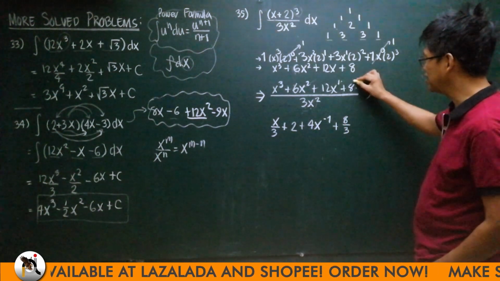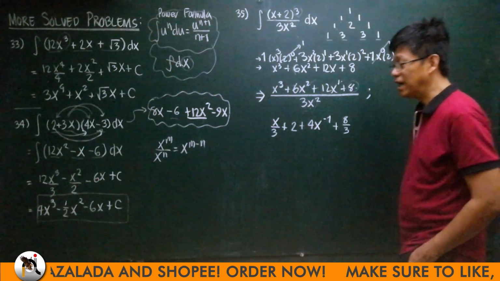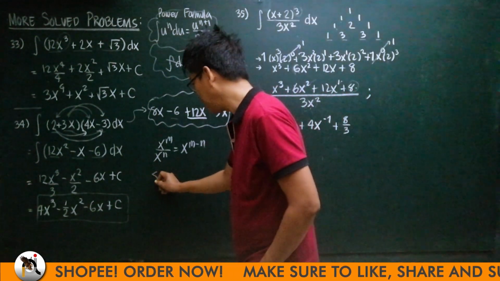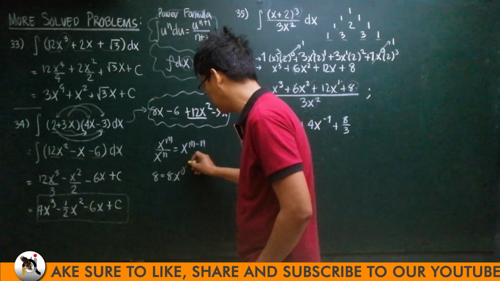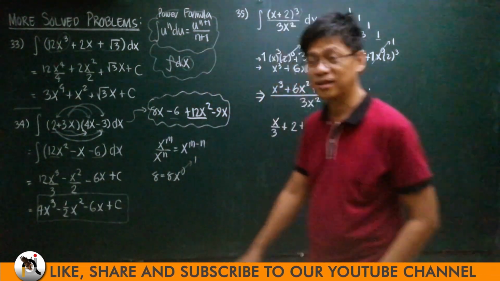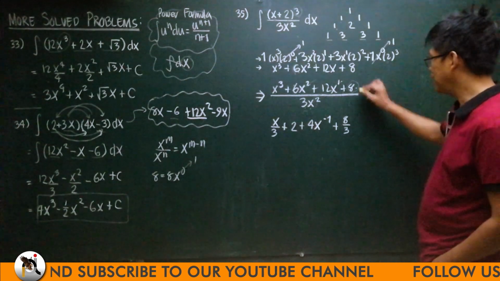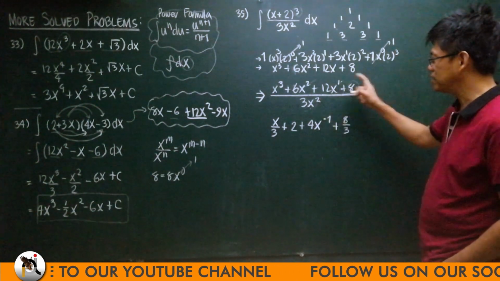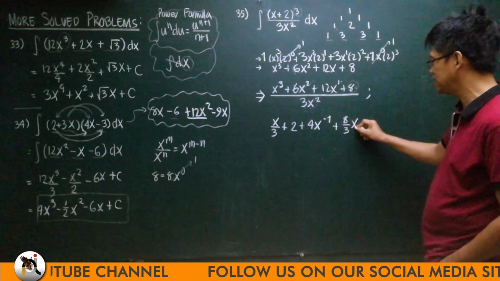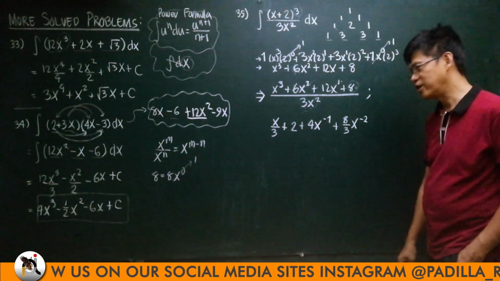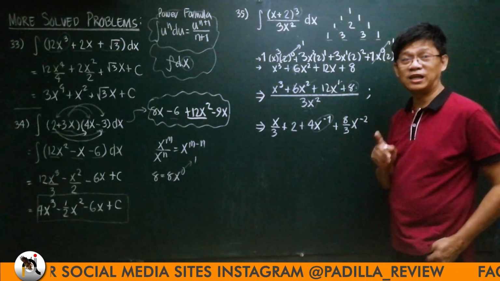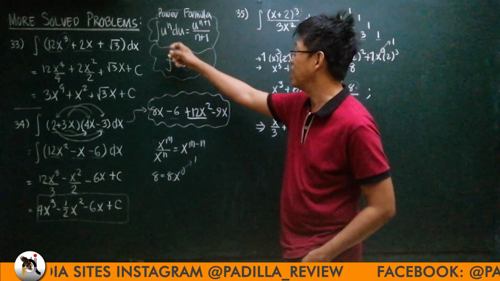X to the 0, this is understood to be x to the 0. So 8 is the same as 8x to the 0. X to the 0 is 1. Okay? So x to the 0 over x squared, 0 minus 2, that is x to the minus 2. You follow? Okay. Now remember the limitation of the power formula.